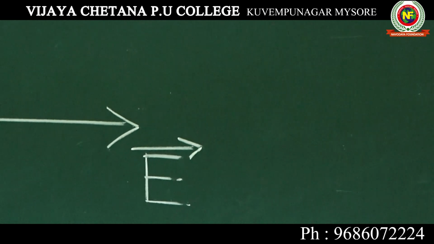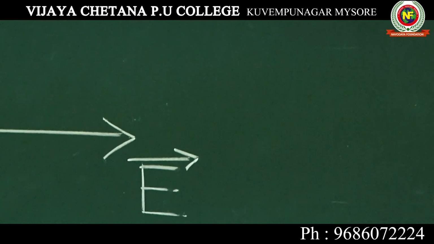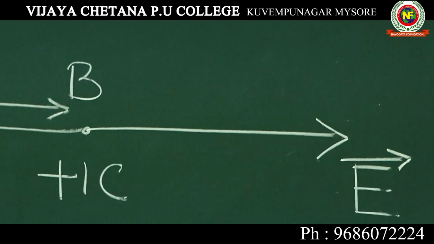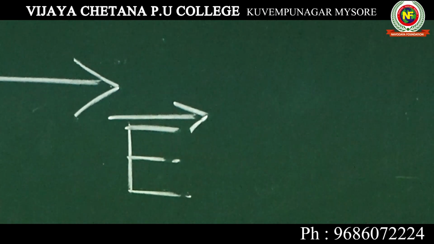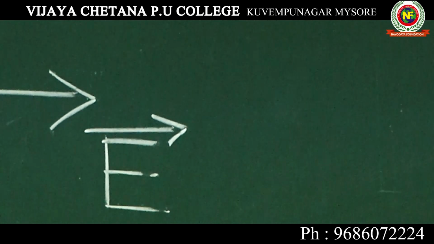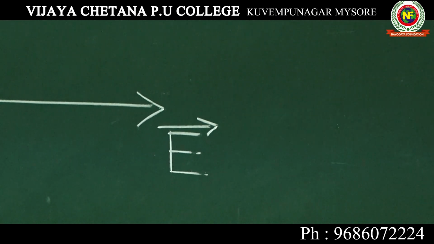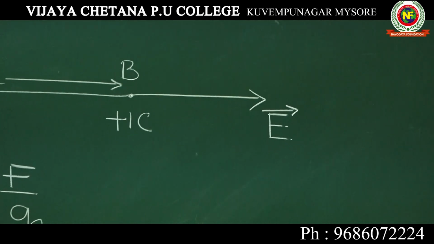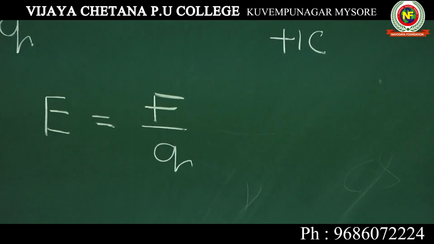If I assume that the distance of separation between A and B is some d, then we can arrive at an expression for electric intensity something like this. We know that electric intensity is equal to force by charge, isn't it? It is the ratio of force experienced to the charge magnitude kept at that point.